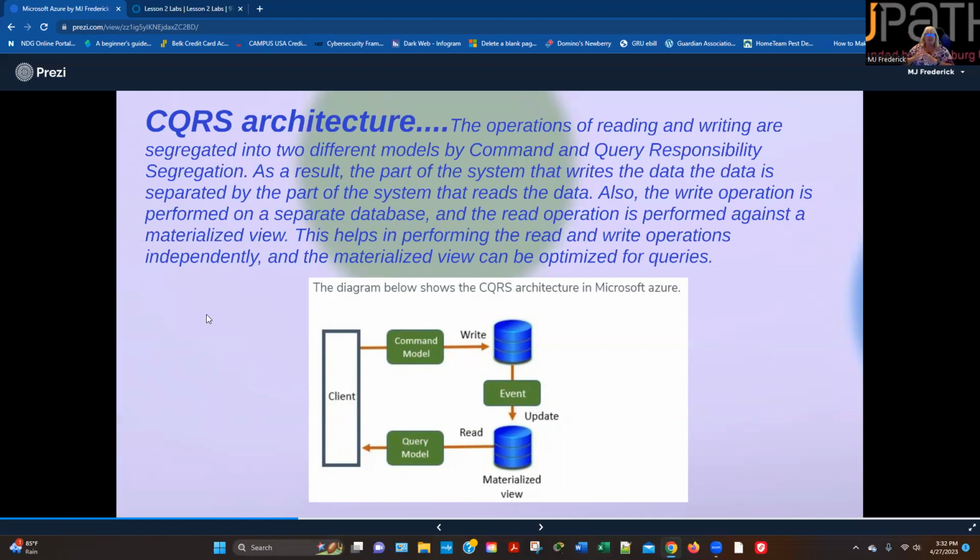Also, the write operation is performed in what's known as a separate database, and the read operation is performed against that materialized view of that database. So this helps when you're performing read and write operations independently. And the materialized view can then be optimized for any of the queries that are going to be made.